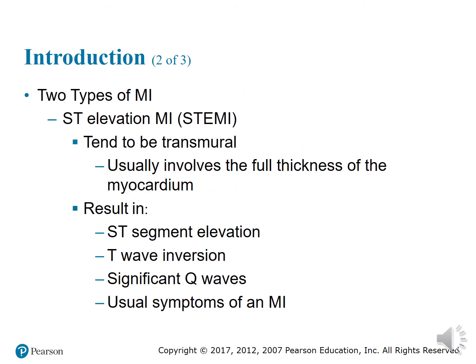So we see that there are 2 types of MIs. ST elevation MI, which is a STEMI, tends to be transmural, usually involves the full thickness of the myocardium, and results in ST elevation, ST inversion, significant Q waves, and the usual symptoms of an MI.